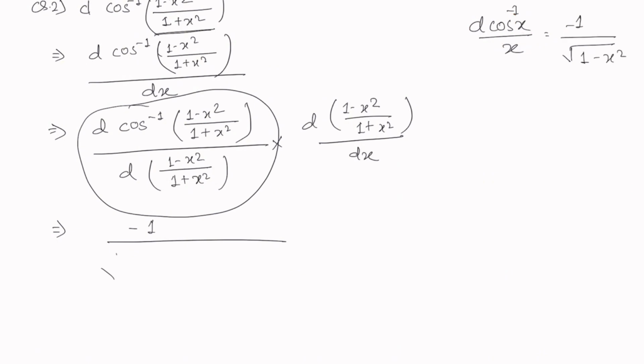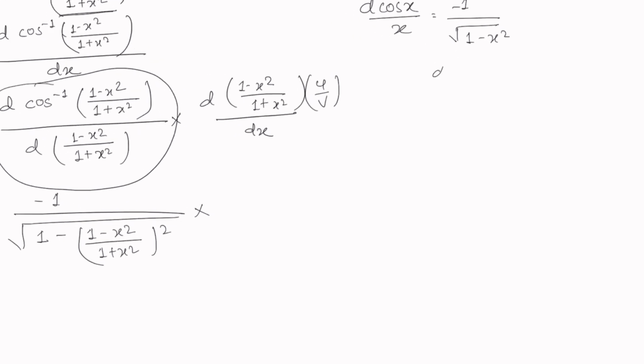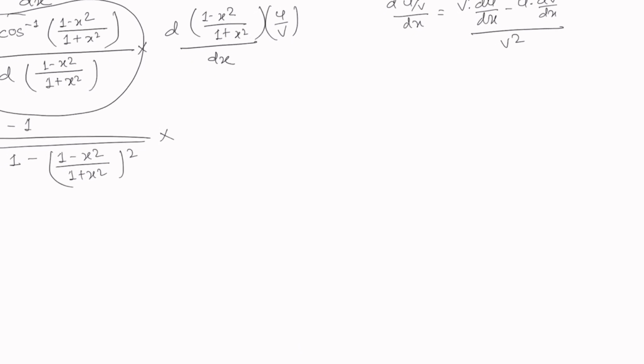So we will write here minus 1 upon root under 1 minus (1 minus x square by 1 plus x square) whole square, times the derivative of u upon v with respect to x. We know that the derivative of u upon v with respect to x is v times du upon dx minus u times dv upon dx, upon v square. So we will write in this form.